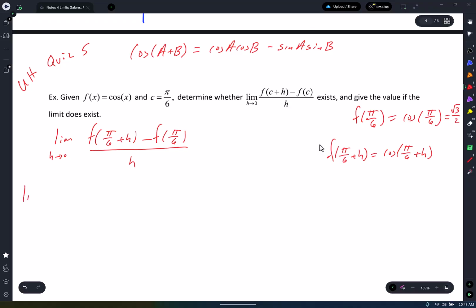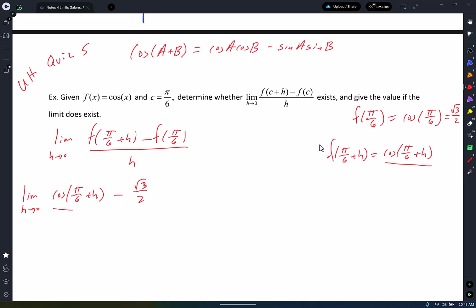I'm going to write limit as h approaches 0 of cosine of pi over 6 plus h minus f of pi over 6, which is square root of 3 over 2, all over h. Have I lost anyone? They told me to find this. This is your A. This is your B, for cosine A plus B. We still okay?